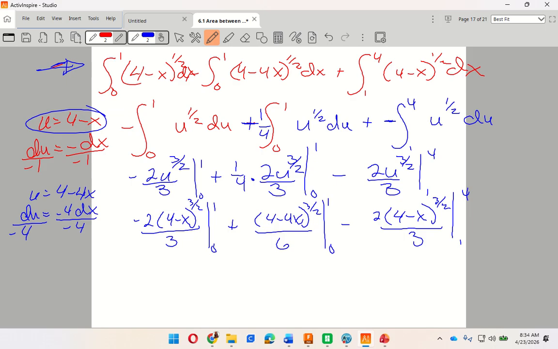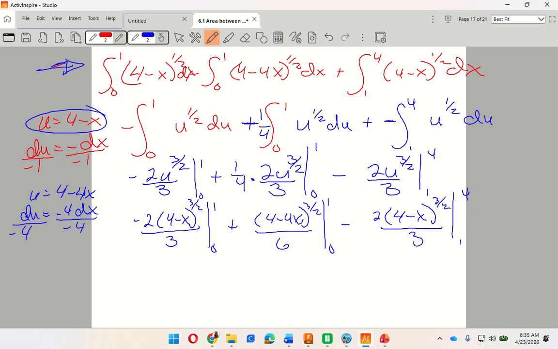Plug it in. So if I do the top, that's going to be, oh yeah, that one's ugly. So that's going to be 3. 3 to the third power is 27, square root of 27, 9, 3.